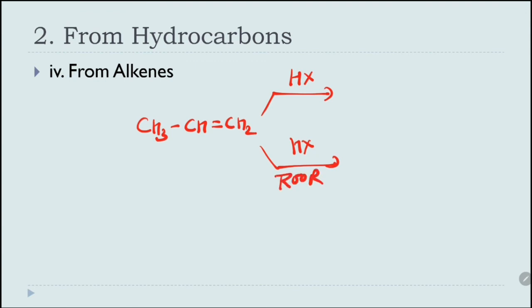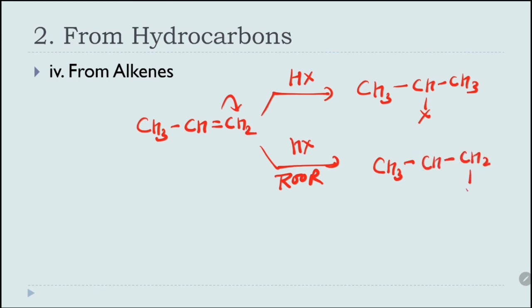So here we will find out the correct product according to Markovnikov rule. We will get 2-halopropane as we discussed earlier, but here we will get the anti-Markovnikov product. That means halogen will be attached at that carbon where hydrogen is present in higher number, or hydrogen is attached with that carbon where hydrogen is present in lesser number.